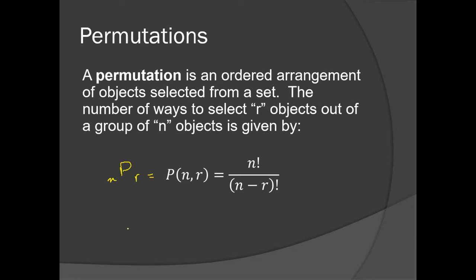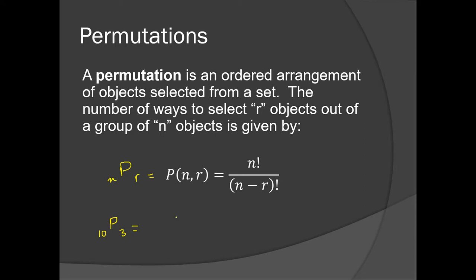Maybe just talking about an example we looked at earlier. Maybe if we look at the part B of that student council question, where we're having 3 positions, that would be 10P3. So let's talk about the formula and why it works, and maybe some helpful shortcuts to think about.